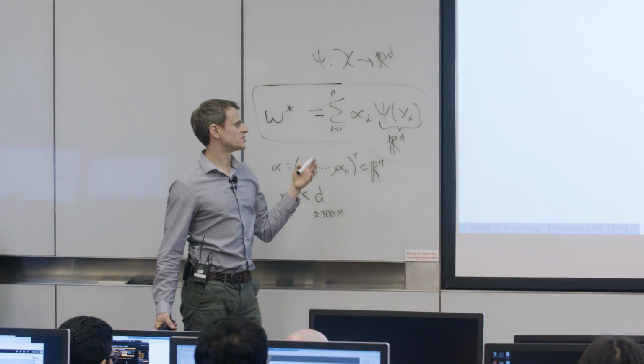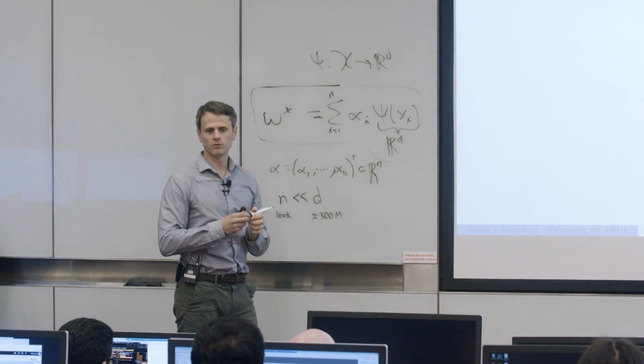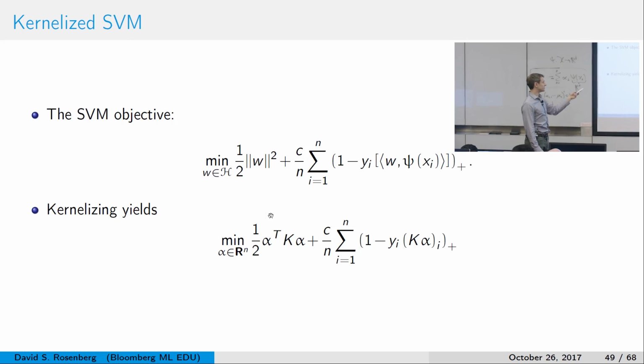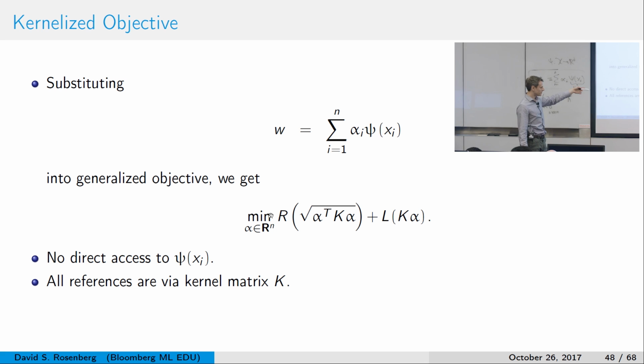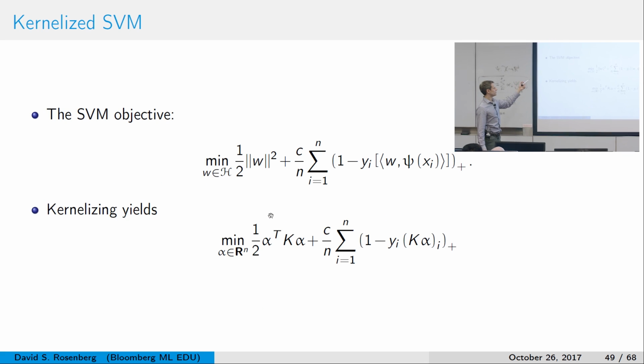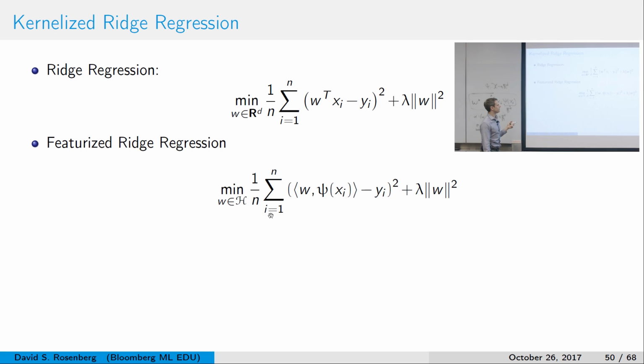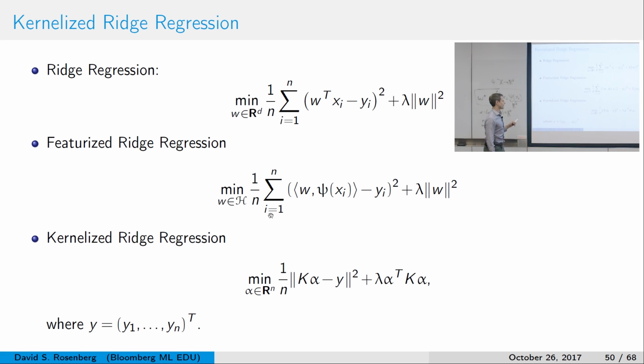Then your objective function is in terms of alphas. That's the recipe for kernelization of any specific thing. We did it in complete generality here, but you don't have to use this. You can just directly plug in this expansion for W in any objective function you have, and you'll get the kernelization. There's the kernelized ridge regression.